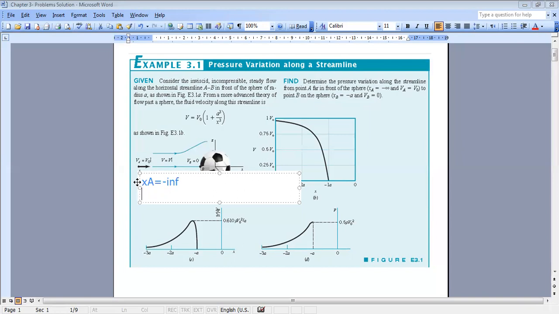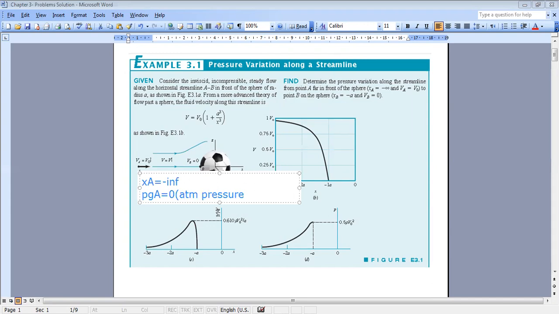Zero? Yes, if I'm considering gauge pressure, it's 0. And if I'm taking absolute pressure, it's P atmospheric. So if we work in gauge, P gauge at A is 0, since it's equal to the atmospheric. When they don't mention anything, it's equal to the atmospheric pressure.